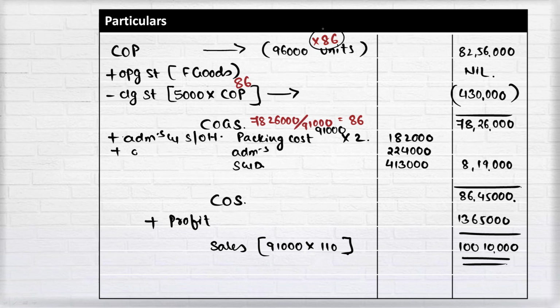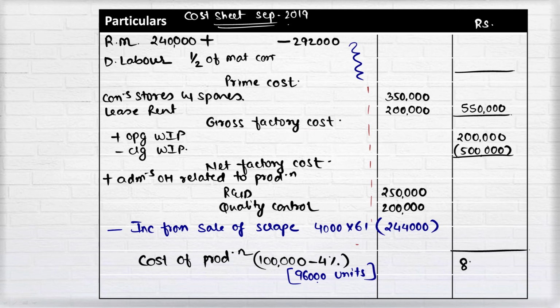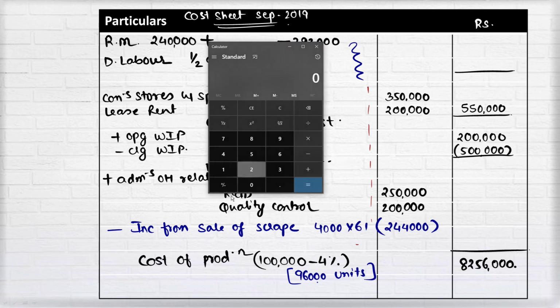This was an excellent point as far as this question is concerned. There is one more excellent point in this question. It is 82 lakh 56,000. This total answer was 2 lakh 50,000 plus 2 lakhs minus 2 lakh 44,000.